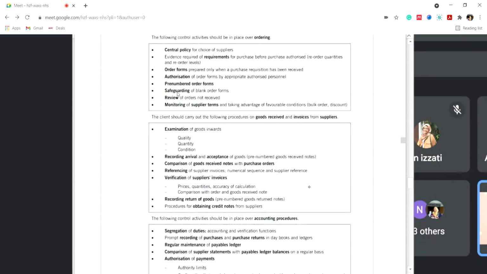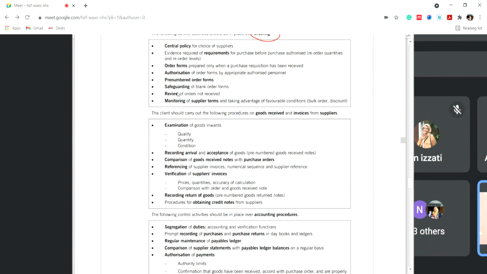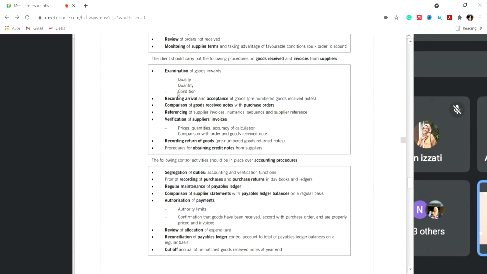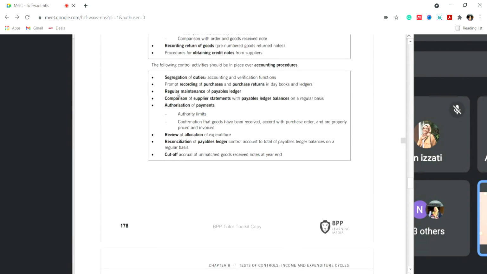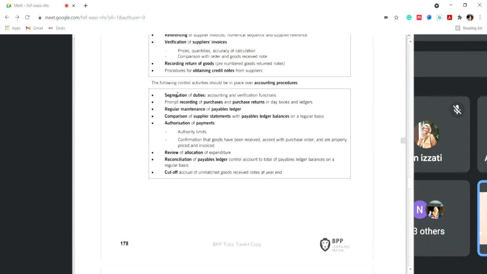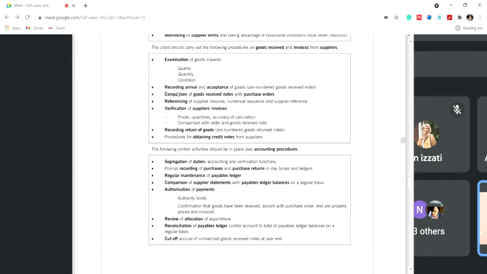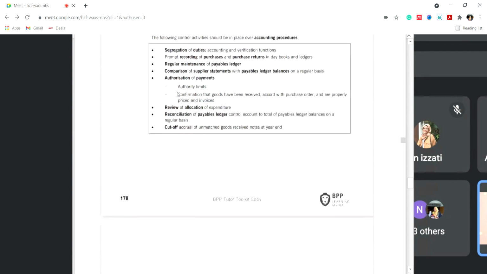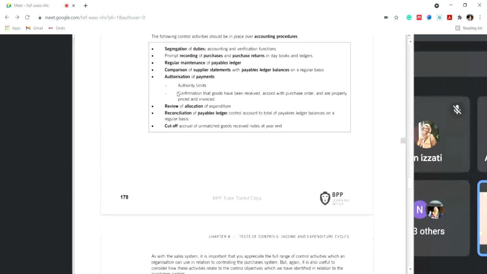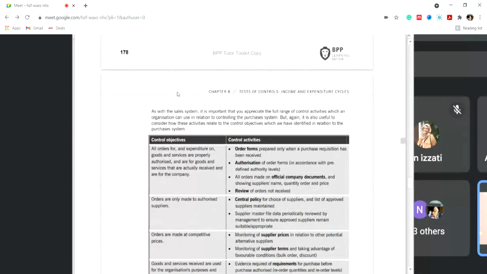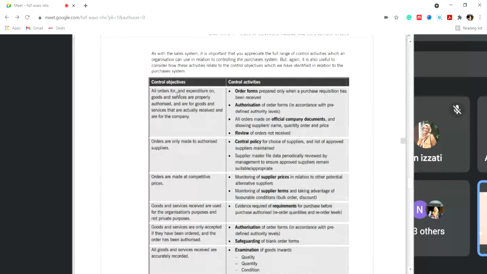When ordering, these are all the control activities. I hope you read them on your own. These are all the activities that you have learned previously. So this is an example of a control objective and control activities.